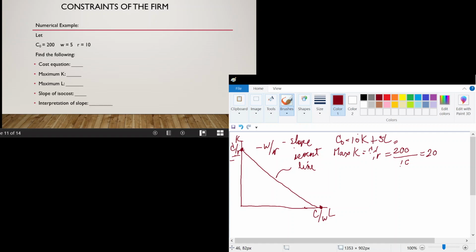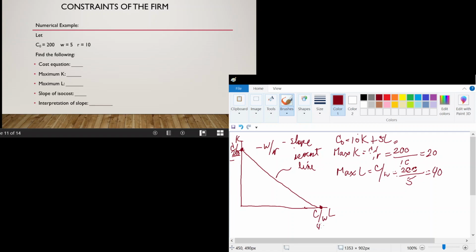So, dito natin 20 siya. And then, yung max L natin is C over W. So, again, yung C natin is 200 divided by W natin is 5. So, 200 divided by 5 is 40.